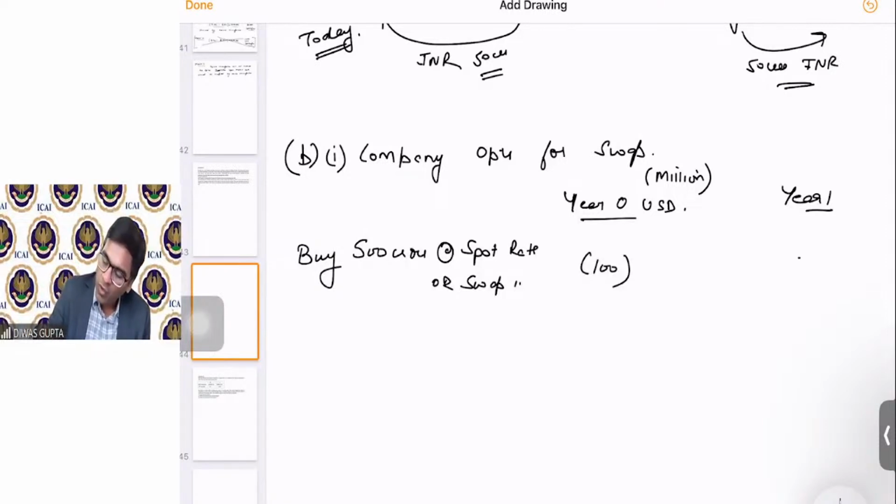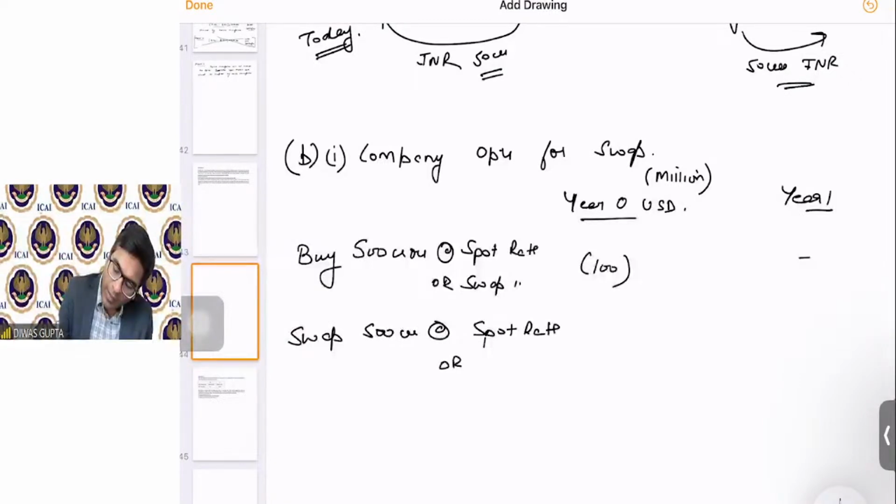Then 1 year from now, what will happen? Swap 500 crores at the spot rate, or swap rate, which is the same in this case, to get back the $100 million here as a positive inflow. Okay. I will also do one thing. After 1 year, I will sell the balance 240 crore at the rate $1 is equal to 54 rupees.